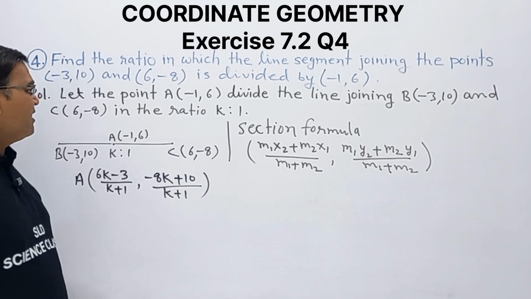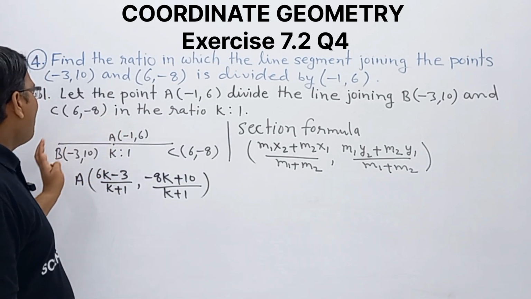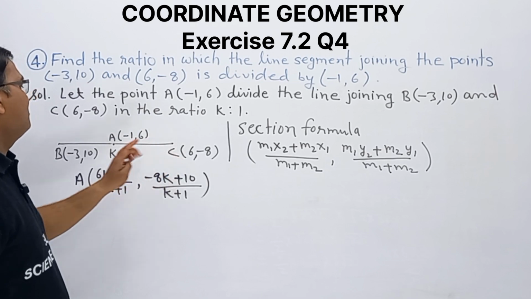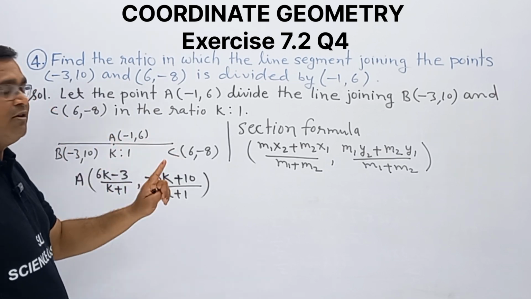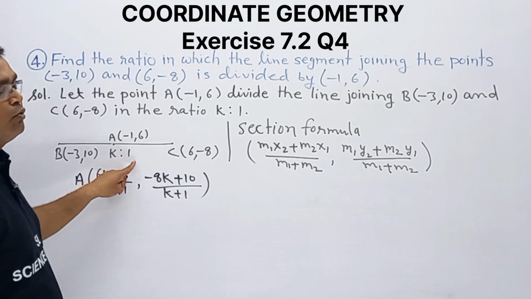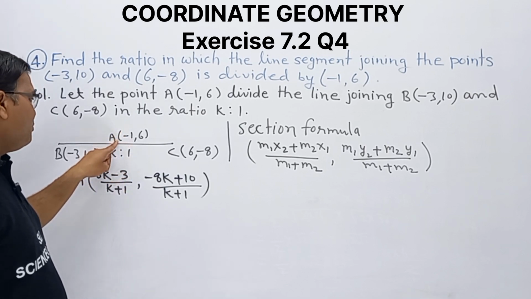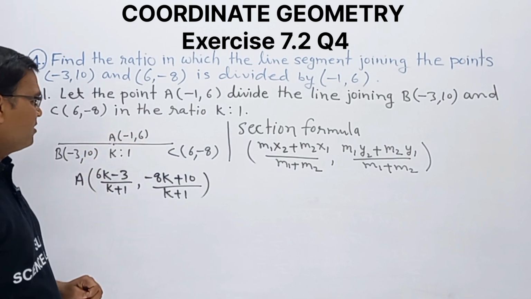Clear? Observe again. Simple. One point divides this line segment, and we require that ratio. So we assumed the ratio is k:1. The coordinates of point A are (-1, 6).